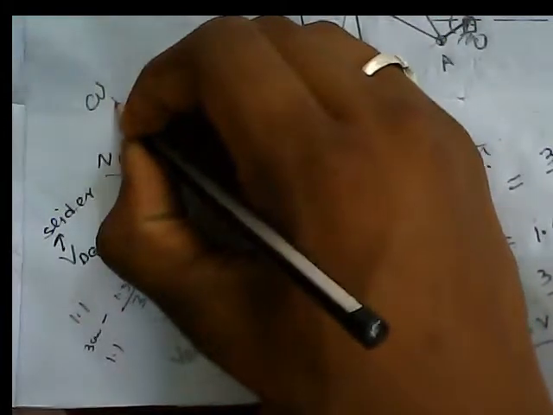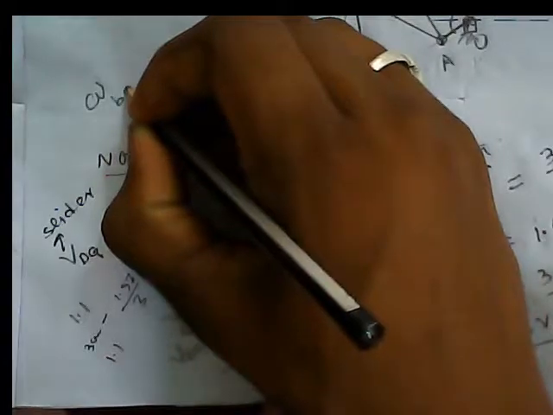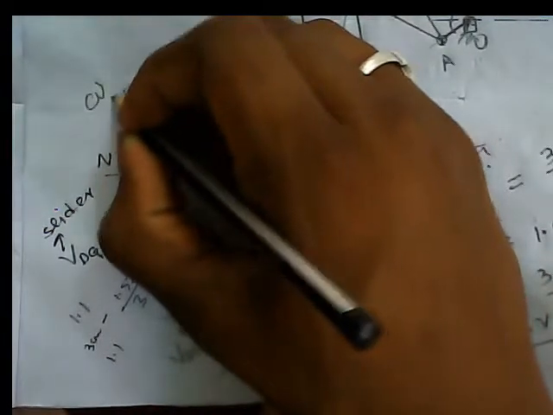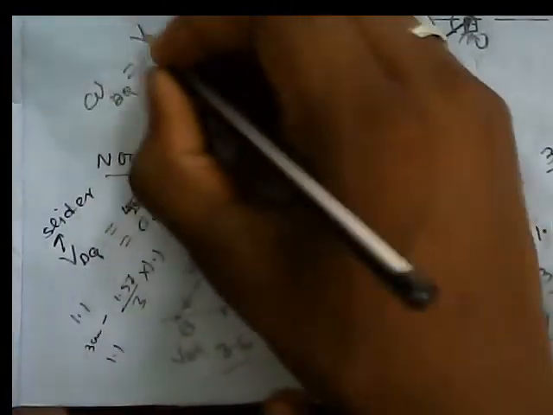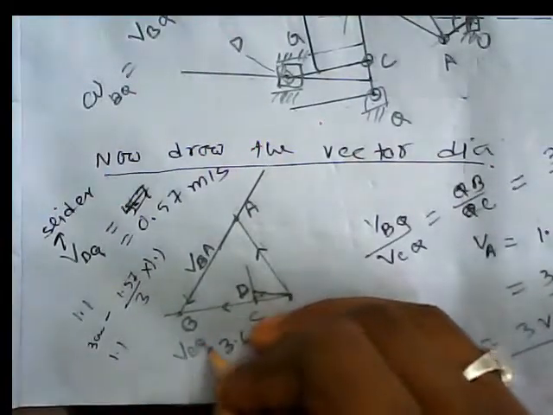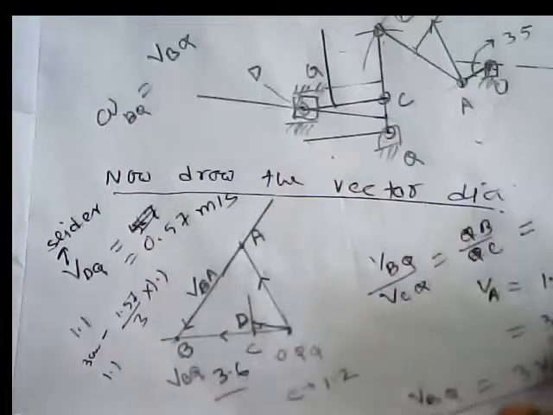Now the angular velocity of the link BQ, BQ is 3.6.